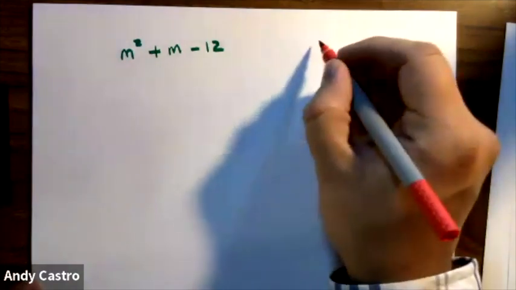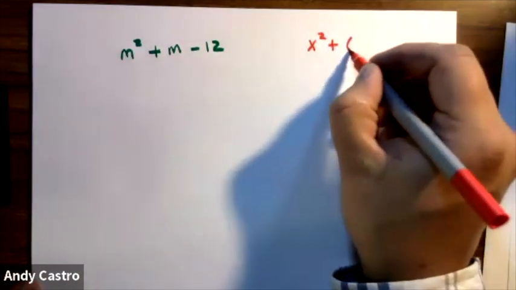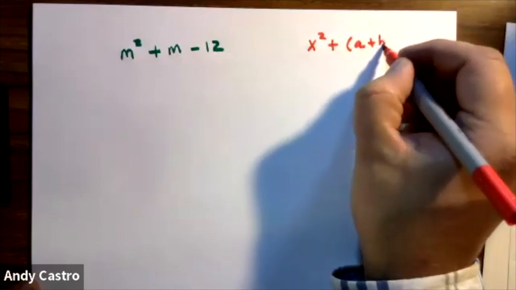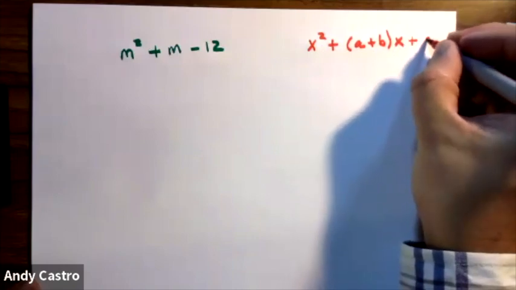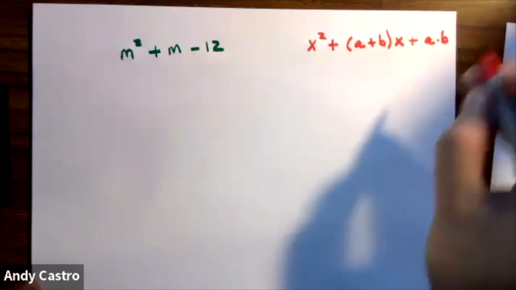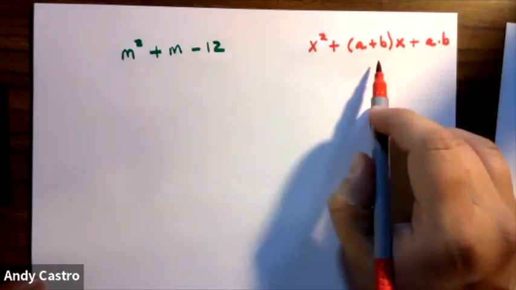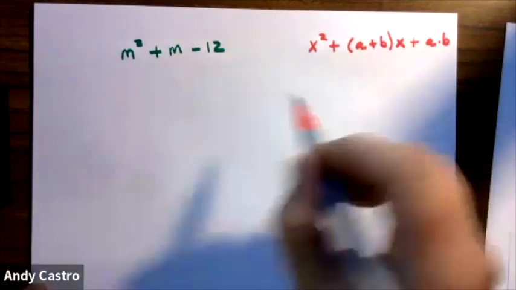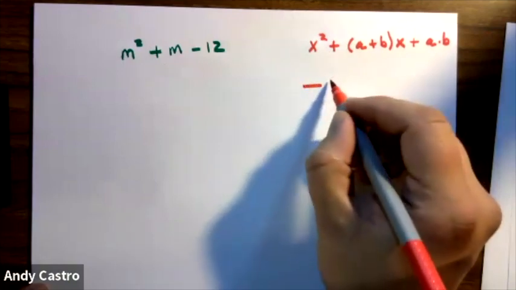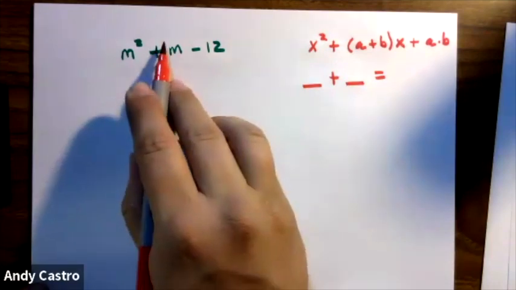So again, if we looked at this in terms of x, right, we always write it like this. There's two numbers that I add together to give me the middle term, and those same two numbers I multiply together to give me the third term, okay? So what two numbers do I need to add together that gives me the coefficient in front of this?